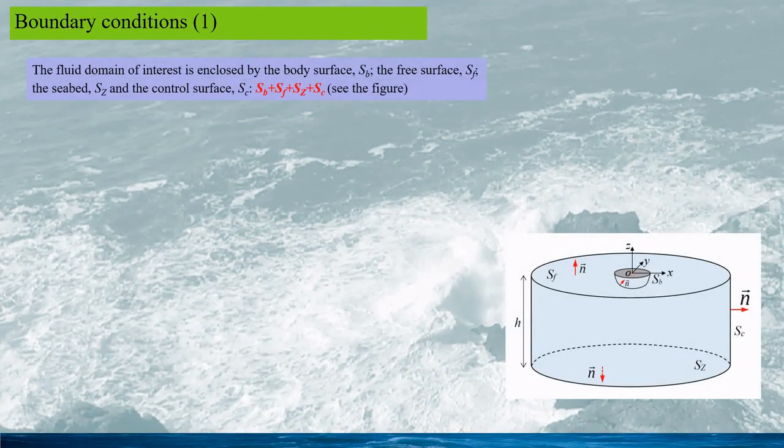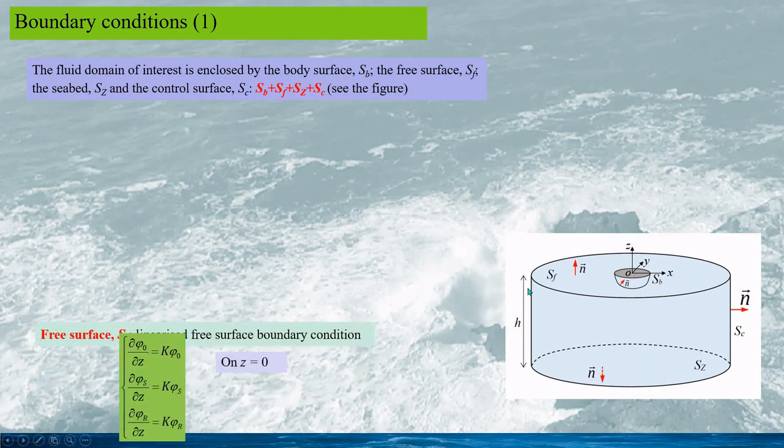For the wave structure interaction problems, the fluid domain of interest is enclosed by the body surface SB, free surface SF, the seabed SZ, and the control surface SC, as seen in this figure.